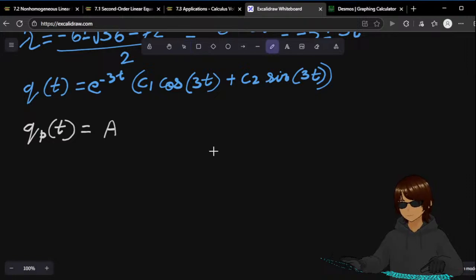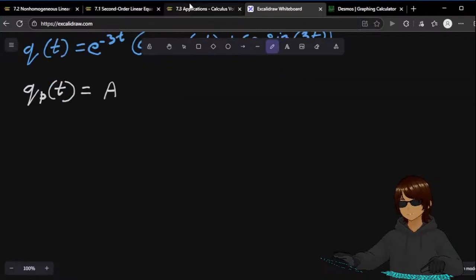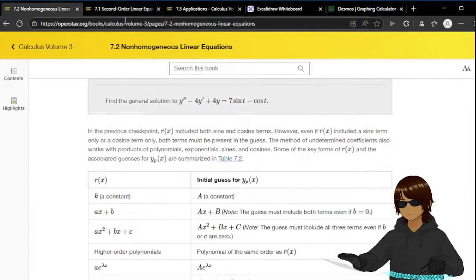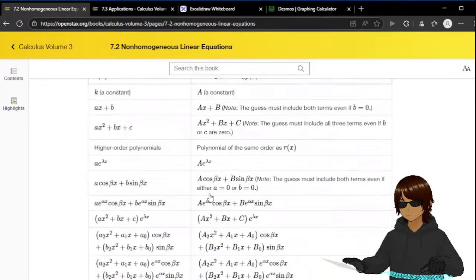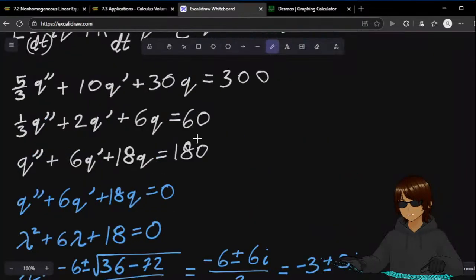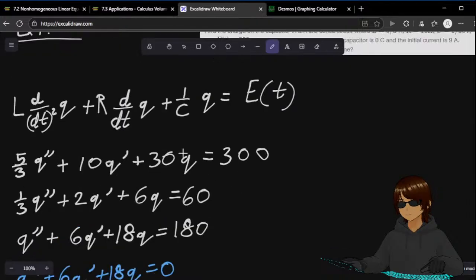but when t is 0, current is 0. Sorry, initial charge on the capacitor is 0. So when A is using the method of undetermined coefficients, we find A is equal to 10. Undetermined coefficient. Substitute Qp into the differential equation. Substitute A into the differential equation.